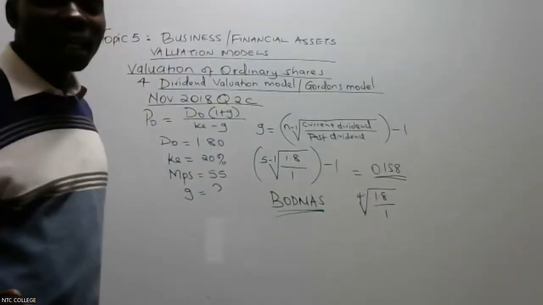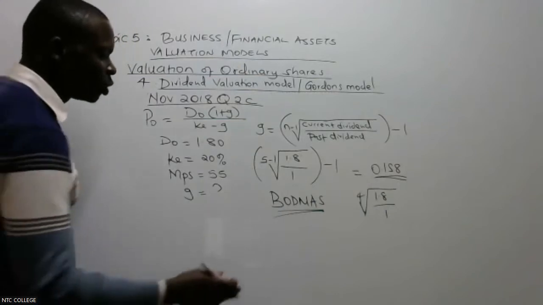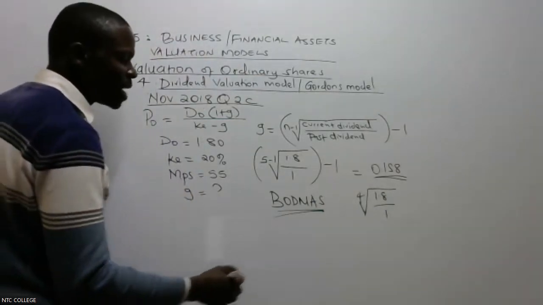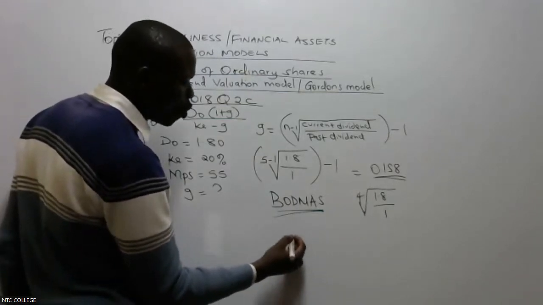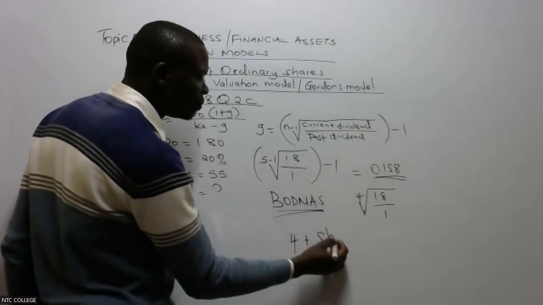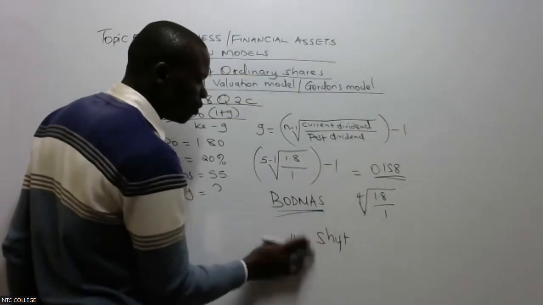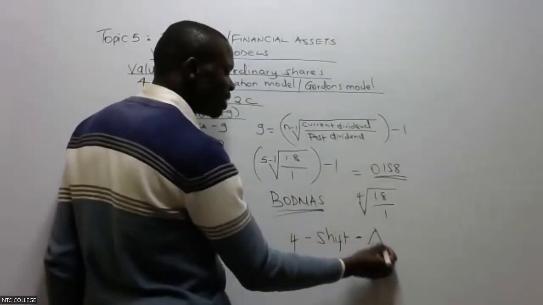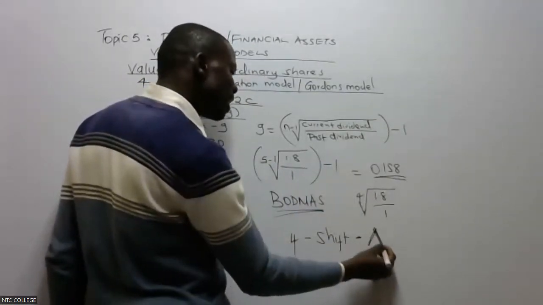On your calculator, those who have the 82MS scientific calculator, you shall do 4, then shift, then you press this root sign on your calculator.